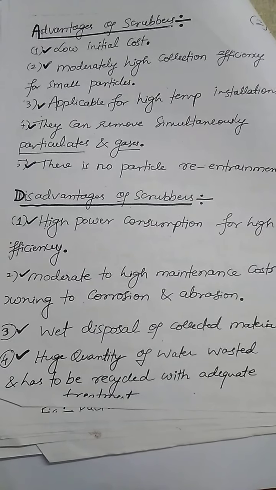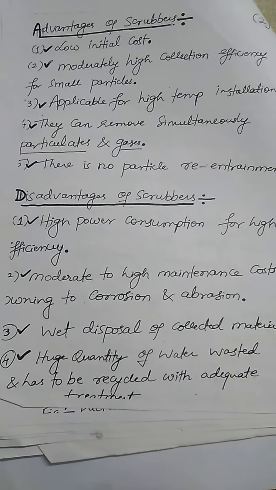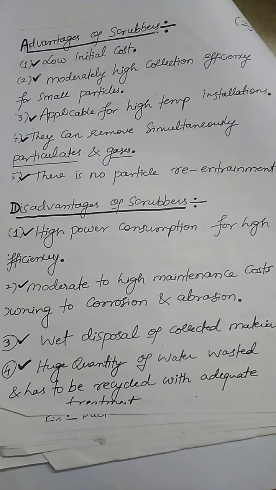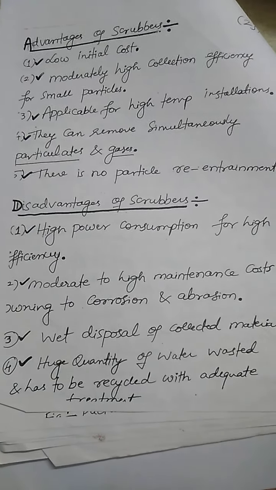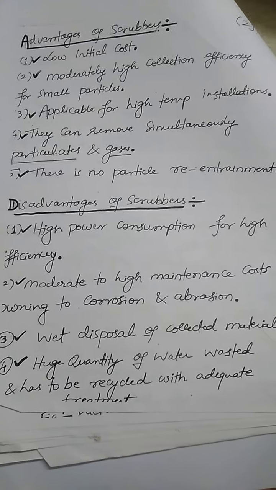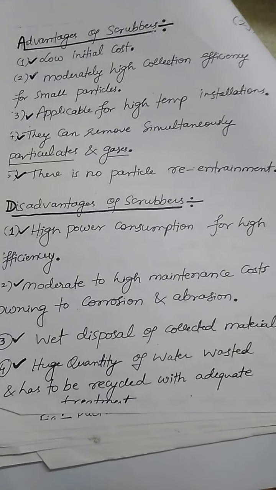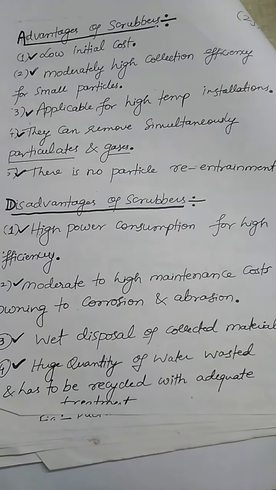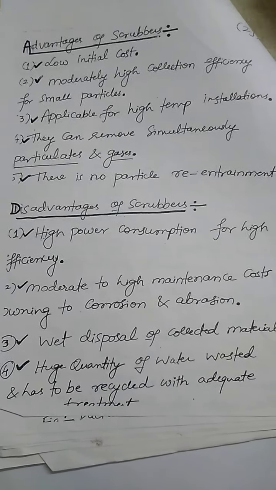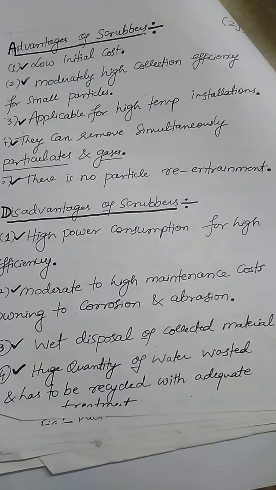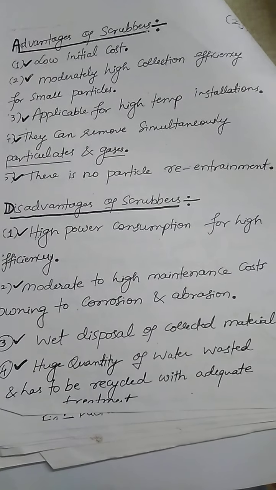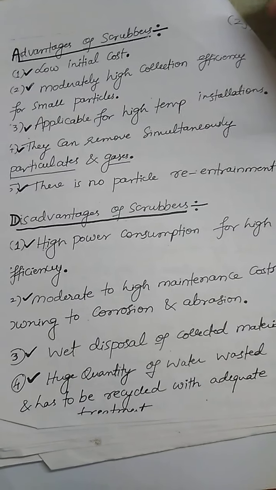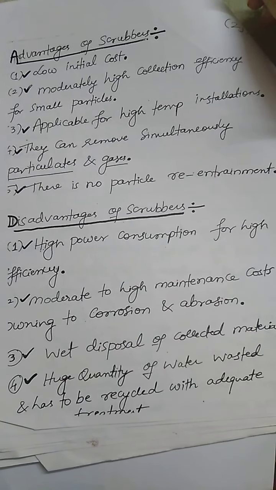The water we get from these scrubbers is dirty and has suspended particles in it. These suspended particles have to be collected downside in order to operate these scrubbers continuously. So it gives you continuous wastewater. A huge quantity of water is wasted, and it has to be recycled with adequate treatment. These are some of the disadvantages that we have with scrubbers.